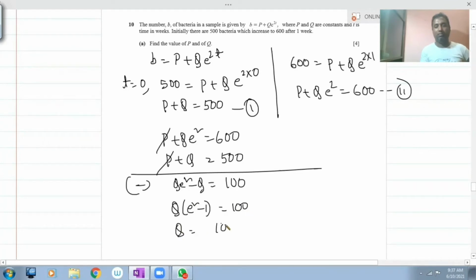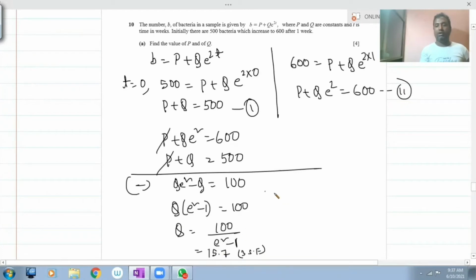Q equals 100 by e squared minus 1. If you use a calculator, you will have Q equals 15.7, to 3 significant figures.